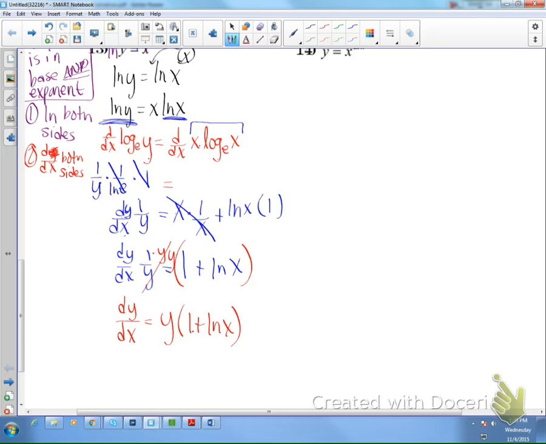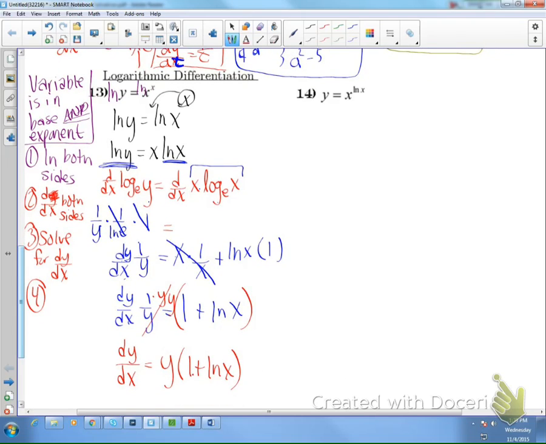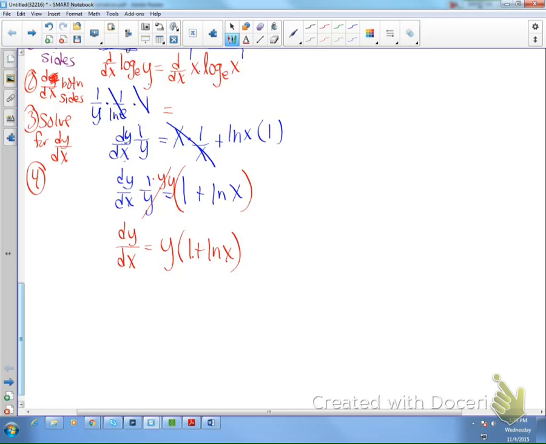The final step, so step 3, what we just did, is solve for dy dx. The final step is to replace y. We know the value of y. What's the value of y? The original function, x to the x power. So step 4 is plug in what y equals.